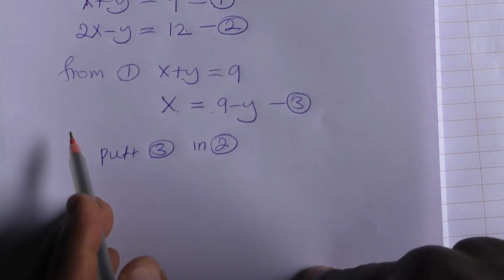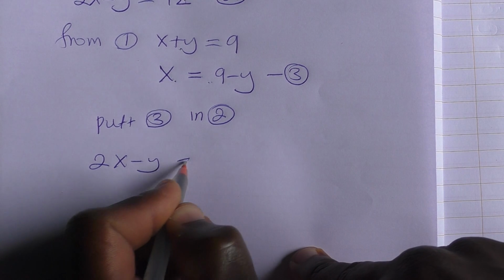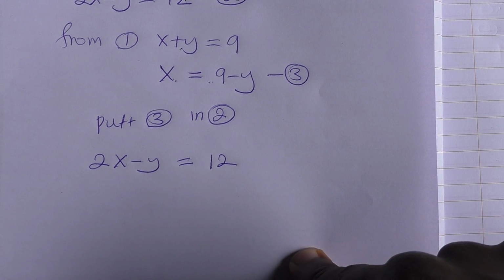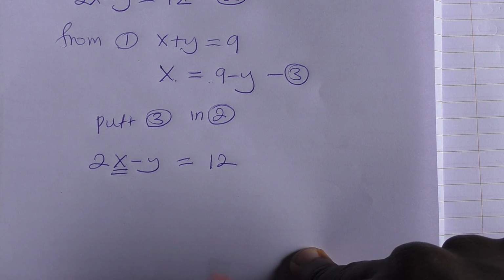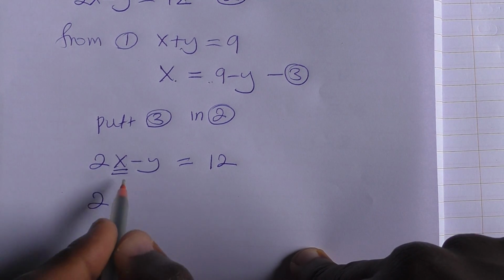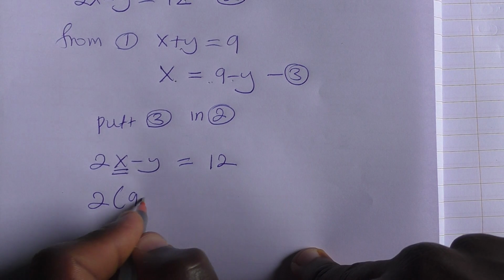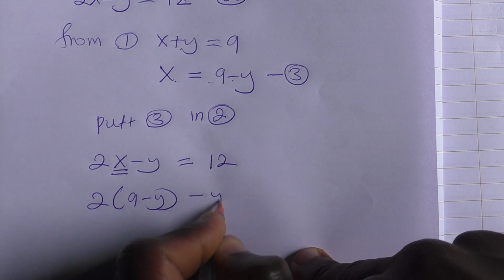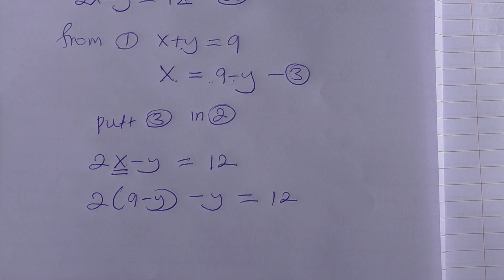So since we have 2x minus y equaling 12 as our second equation, we are replacing for x. That is to say, where we have x, we shall write 9 minus y, minus y equaling 12.